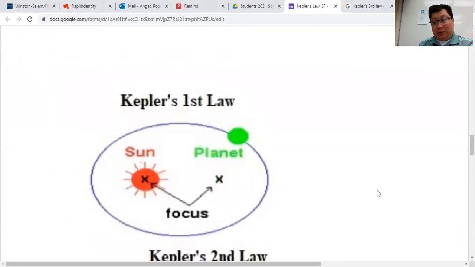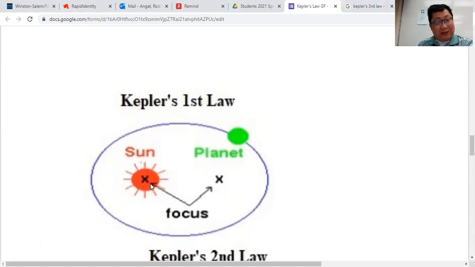This is Kepler's first law. I need you to remember how it looks and its concept. It might vary in different representations, but basically Kepler's first law simply shows us that the orbit of any planet is elliptical. It is not circular. It is elliptical, just like this one.